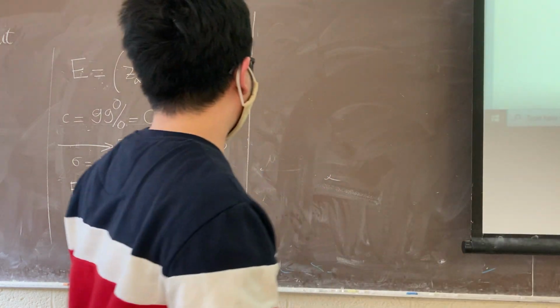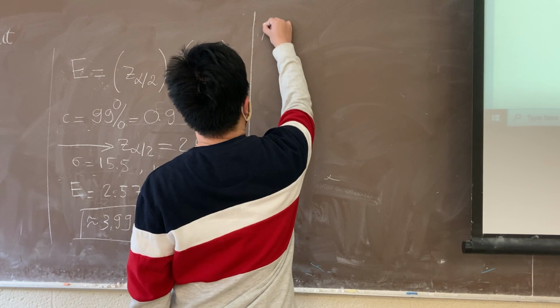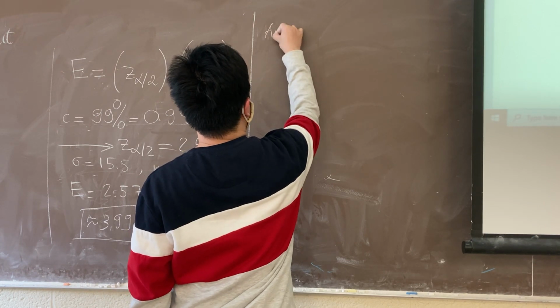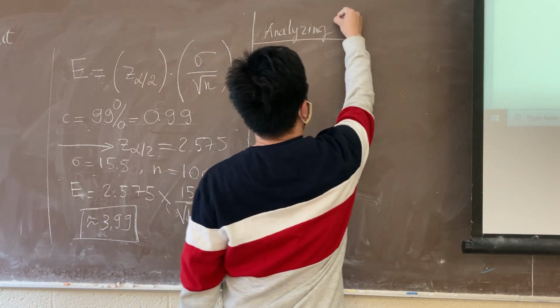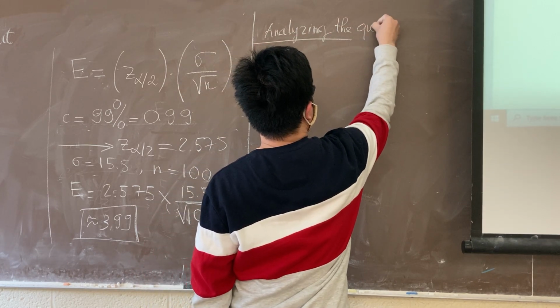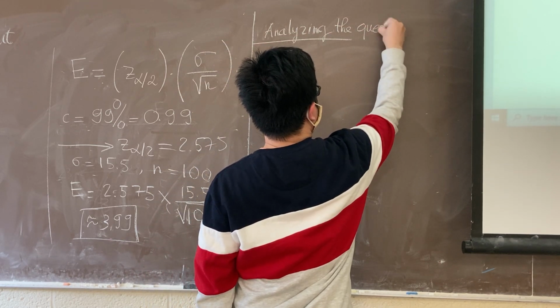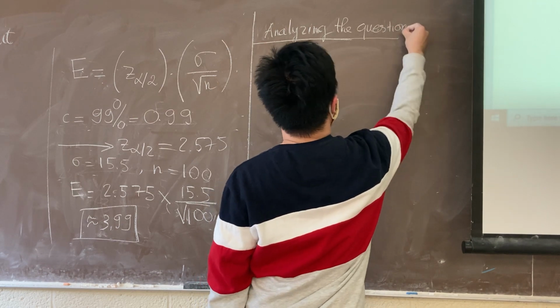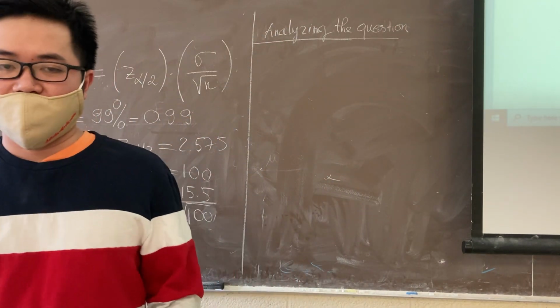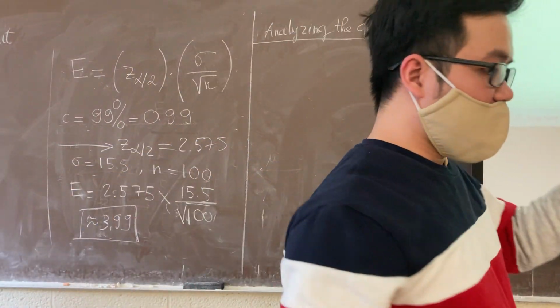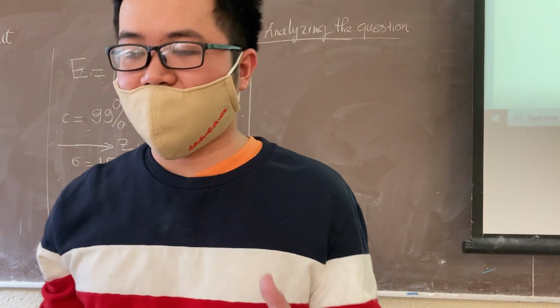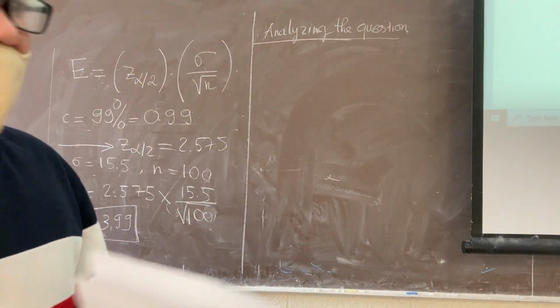The first thing you will need to do, step 1, is analyze the question. When you analyze the question, that means you need to list all the assumptions of the question.